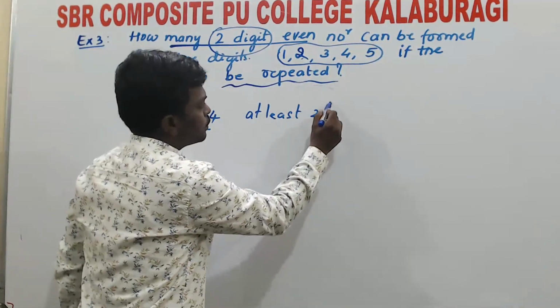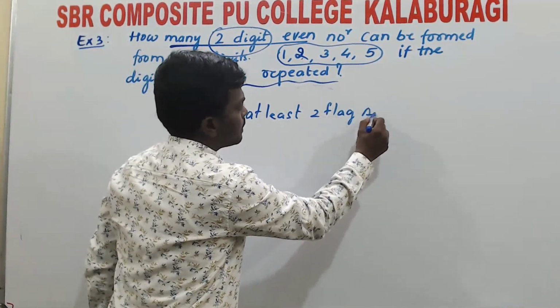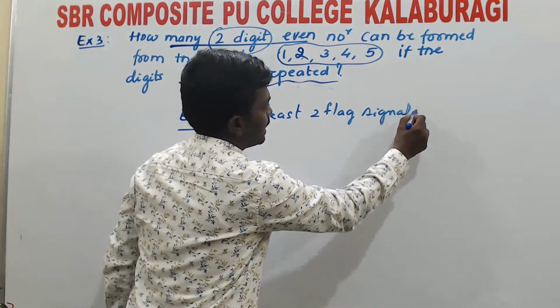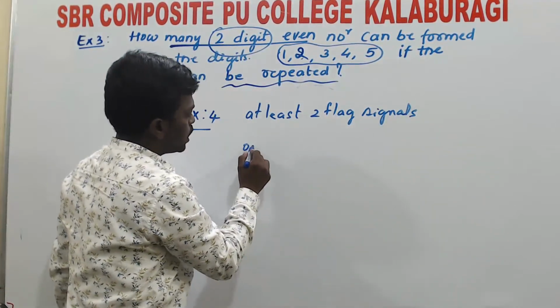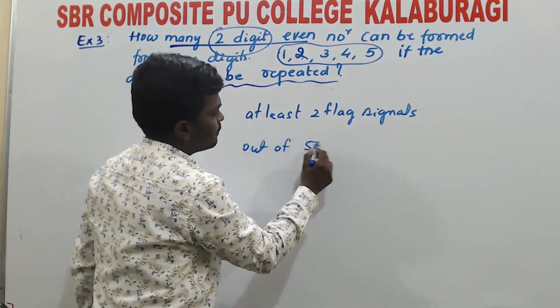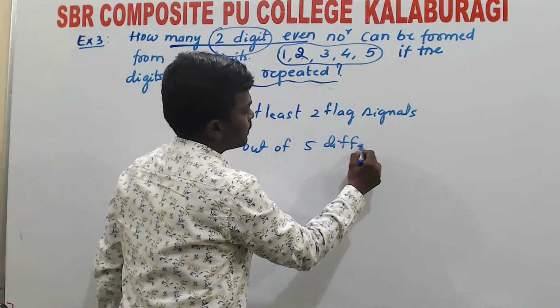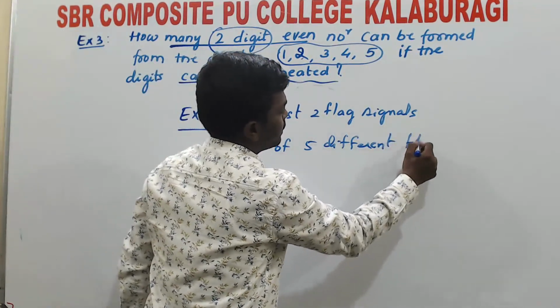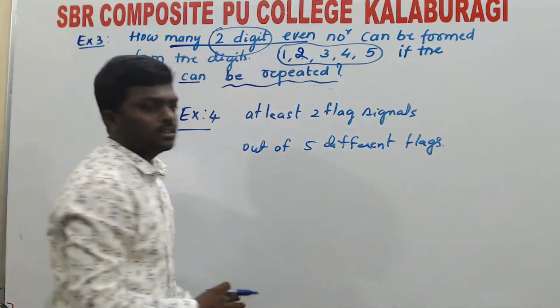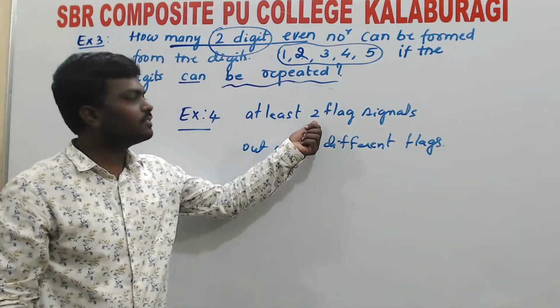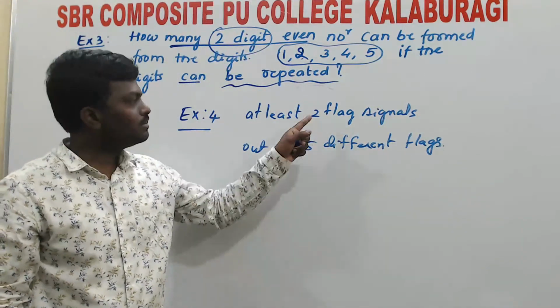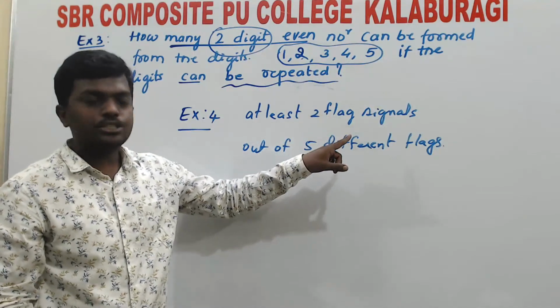Form at least two flag signals out of five different flags. A student was asking, sir, how will the question be framed apart from "at least two flags"?